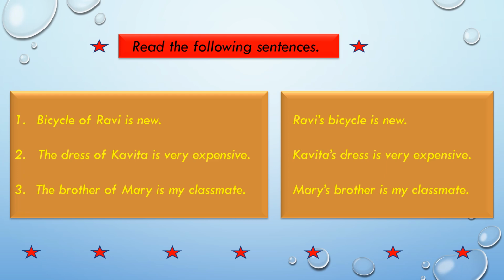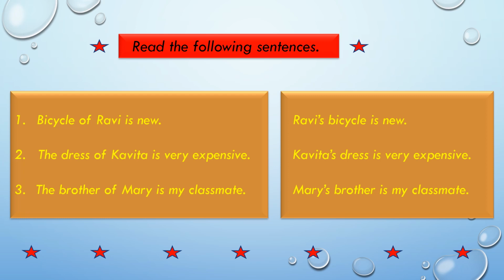Next one. The dress of Kavita is very expensive. This dress belongs to Kavita. It is Kavita's dress. So we can write Kavita's dress is very expensive.